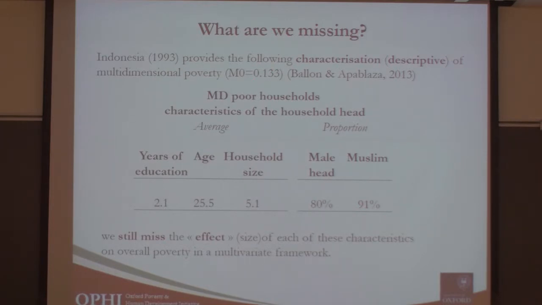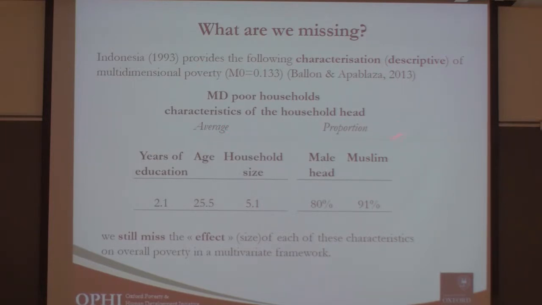Then we show the value of M0 for poor households, in terms of the characteristics of the household head. We knew, and we still know, that for this year and for our sample, the average years of education of the household head is 2.1, the average age is 25 years old, and the household size is around 5 people on average.